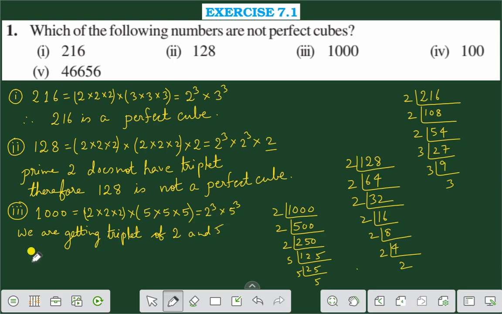Therefore, we can say that 1000 is a perfect cube.